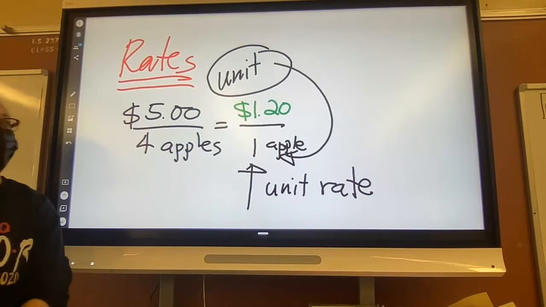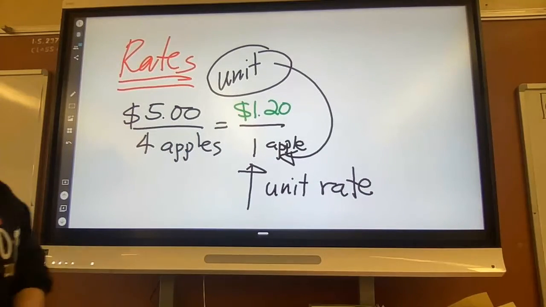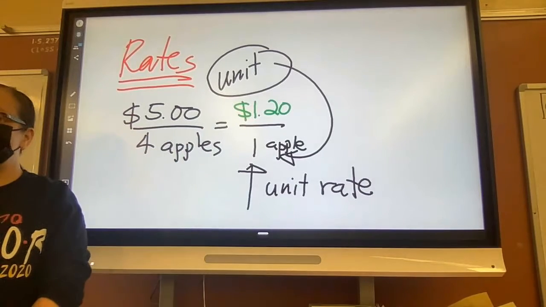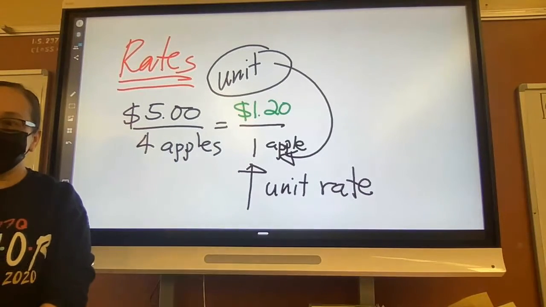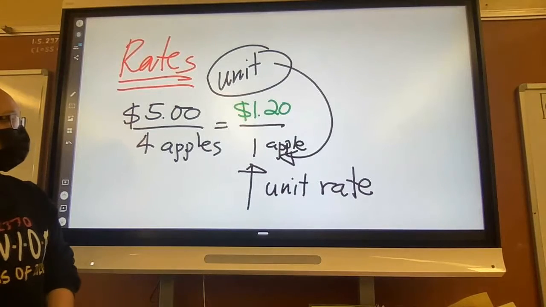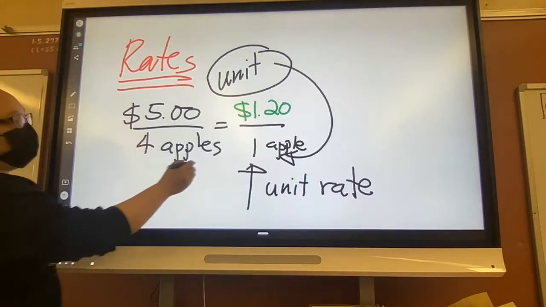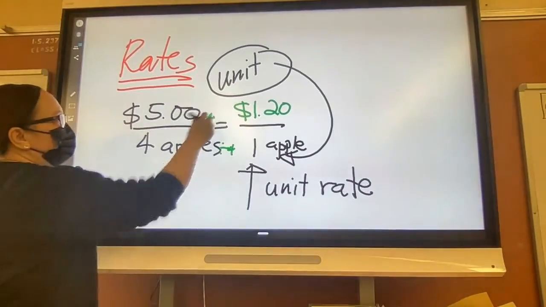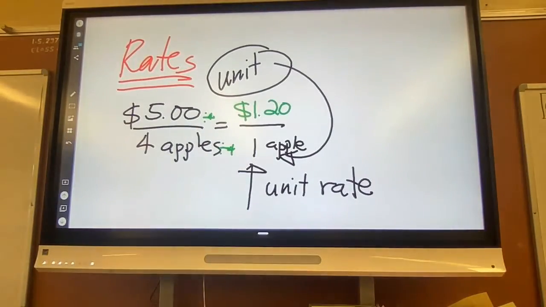No. If I multiply 1.20 by 4, will it give me 5? You're supposed to divide by 4 on both sides. If I divide 4 by 4, it gives me 1. So I divide 5 by 4, it gives me what? 1.25.